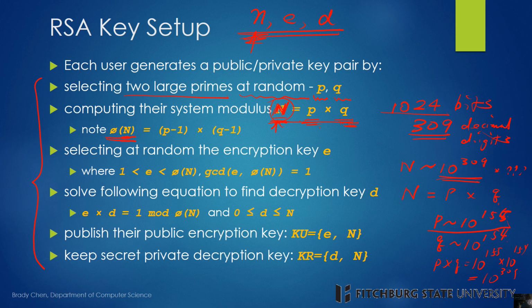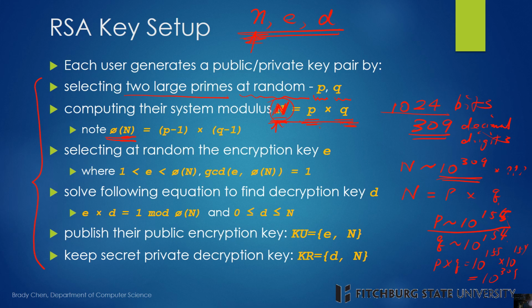It's defined as the number of integers smaller than n and relatively prime to n, right? So in order to do this, we need to check each of the individual numbers smaller than n, whether this number is relatively prime to n. We need to check one by one until we check all the numbers smaller than n. Then we count how many numbers are relatively prime to n. That's the Euler's totient function, right?